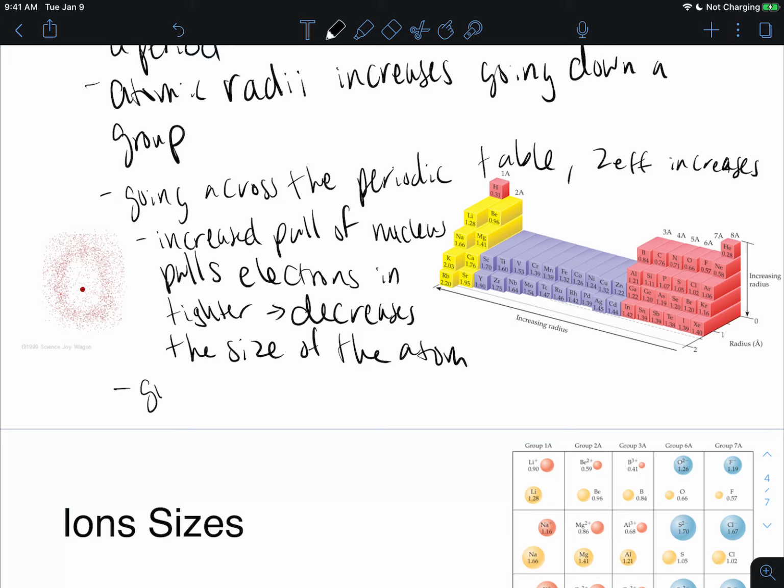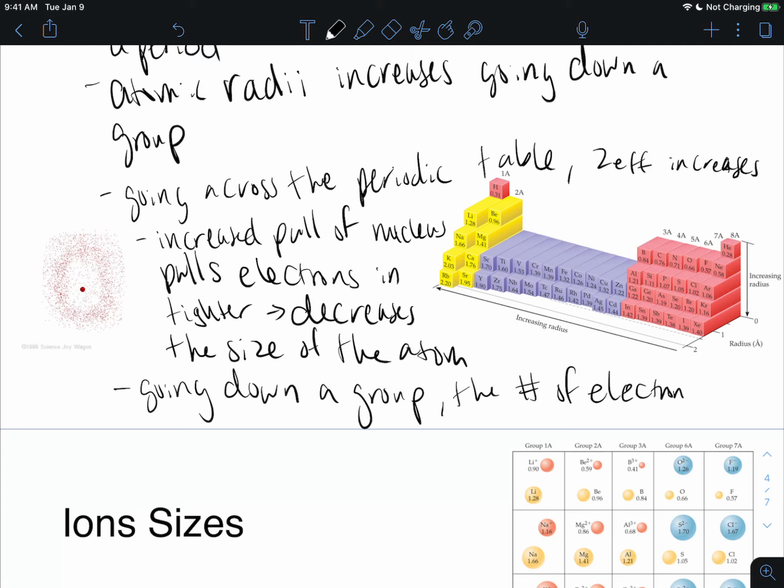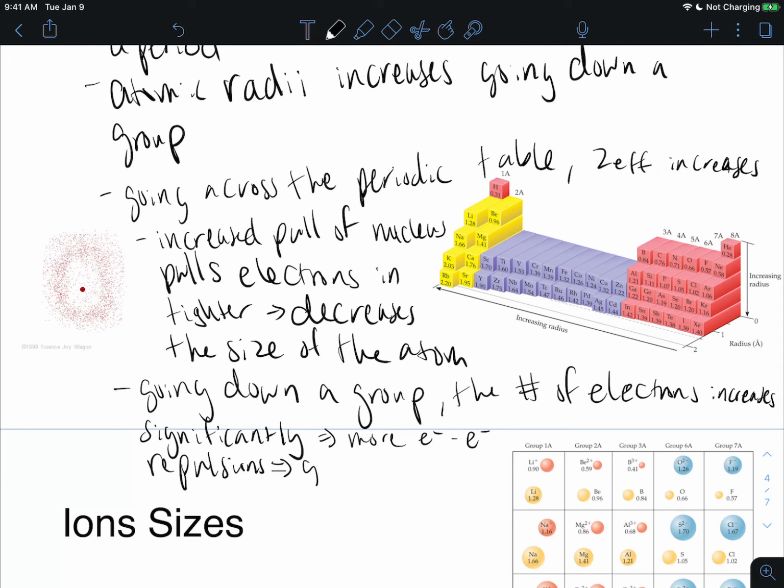So going down a group, the number of electrons increases significantly, which leads to more electron-electron repulsions and greater size.